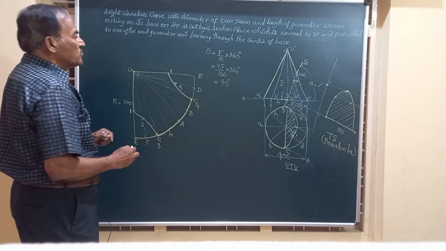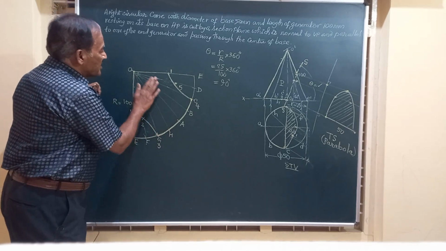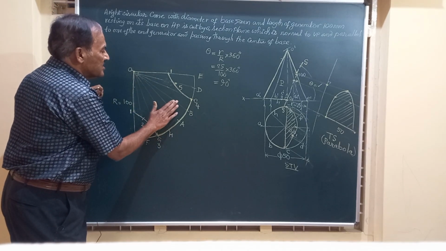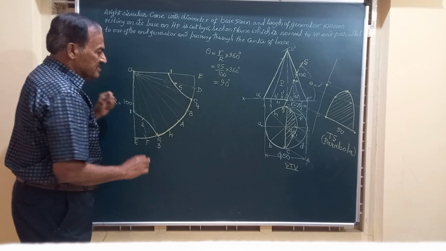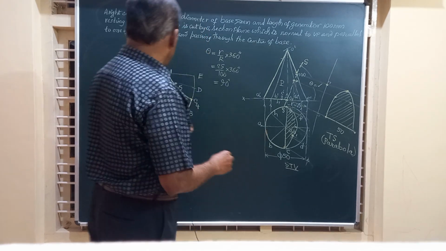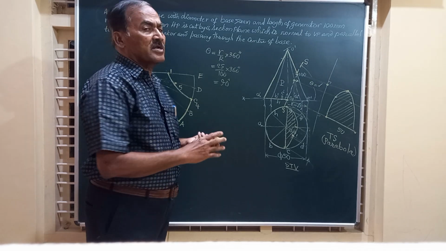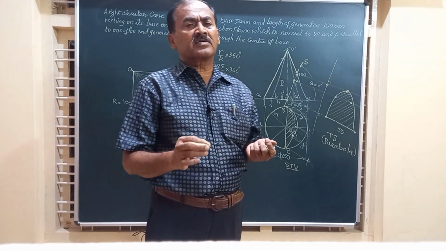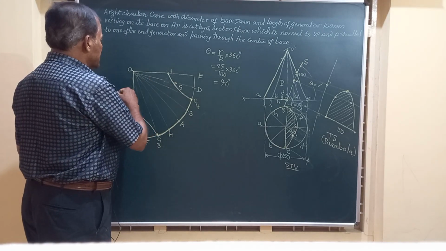And this is how we should mark the development. And all these construction lines are to be retained. They also carry marks in the exam, including these lines. But remember, friends, whatever construction lines are to be retained, your drawing should be very neat, and there should not be a lot of overwriting on the lines.